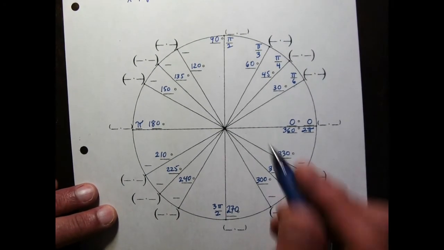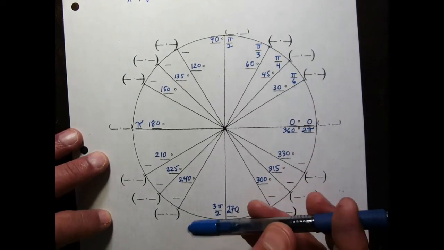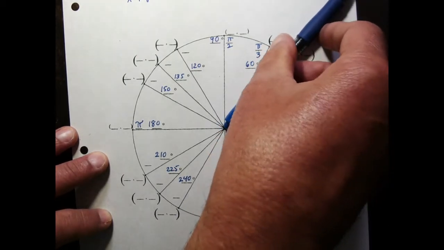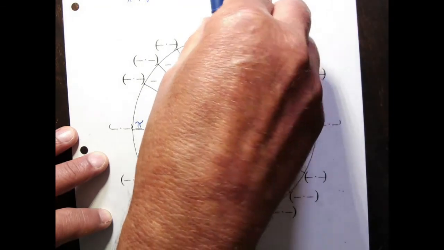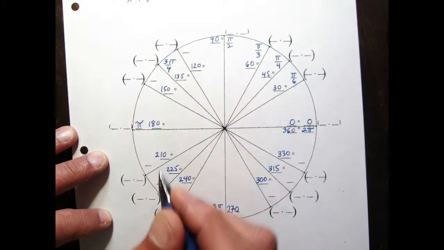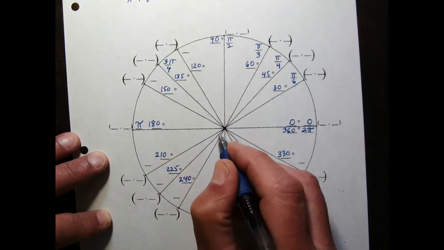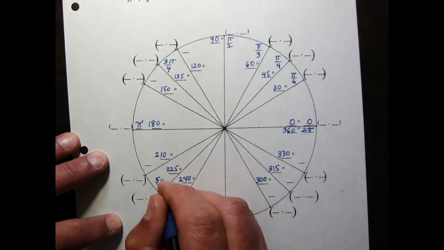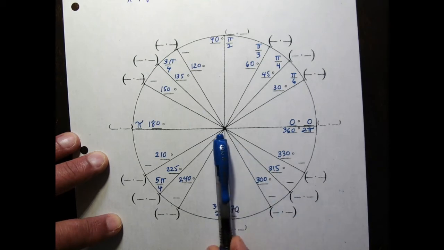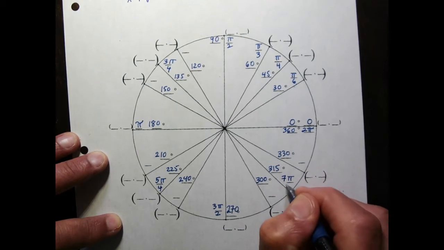Or what I'm going to do is kind of do what I did before. I'm going to rely first on multiples of 45 degrees. So I'm going to go 0. Pi over 4 is 45. 2 pi over 4 is here. 3 pi over 4 is 135 degrees. 4 pi over 4 is 180, same as pi. 5 pi over 4 is 225. 6 pi over 4 is 3 pi over 2, same as that. 7 pi over 4 is 315.